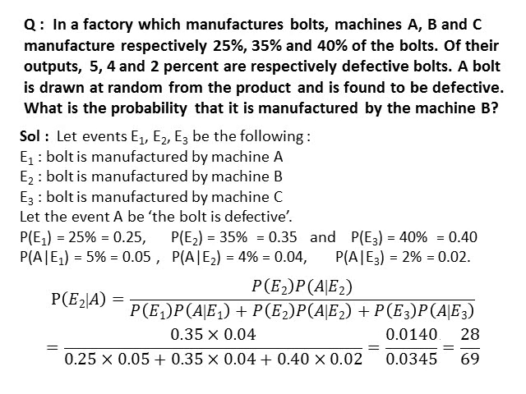In the next step, substitute the values of the probabilities, then simplify as shown. After simplification, we get the probability of E2 given A equals 28 by 69.